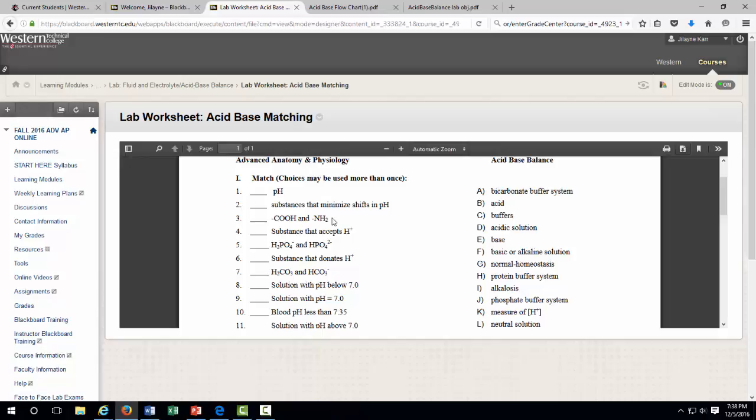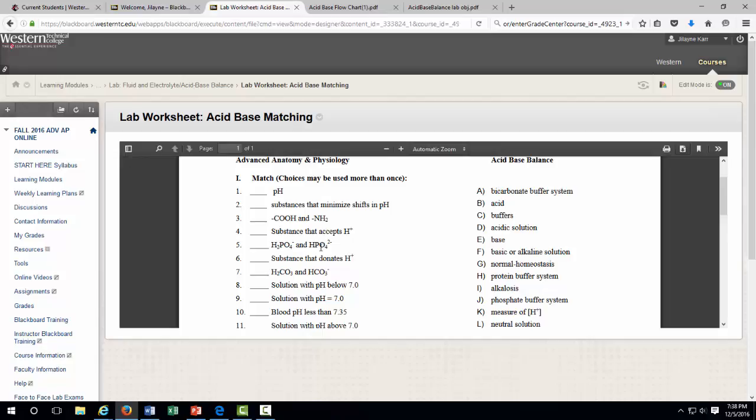It's actually NH3. You could change that to a 3. But yeah, protein buffer. That is letter H. Thank you. A substance that accepts hydrogen ion. E, a base.